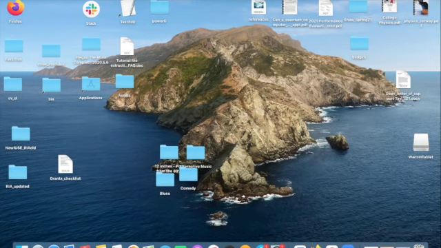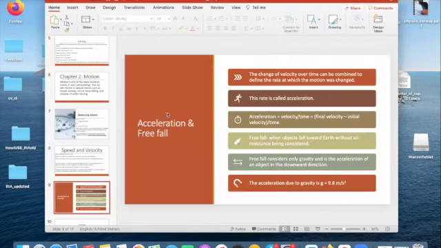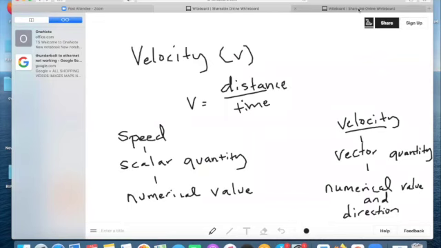All right, so acceleration, let's get to the whiteboard and do free fall and acceleration.